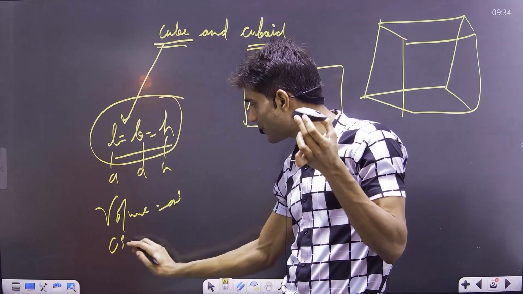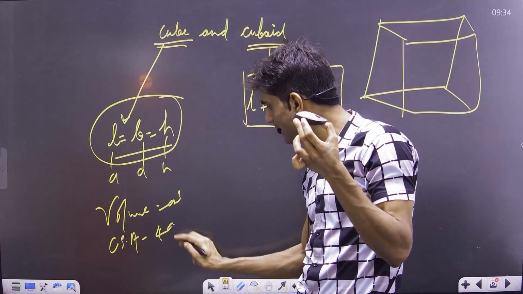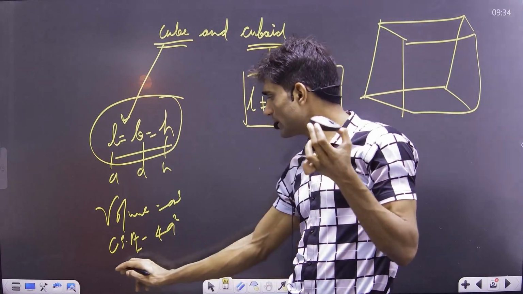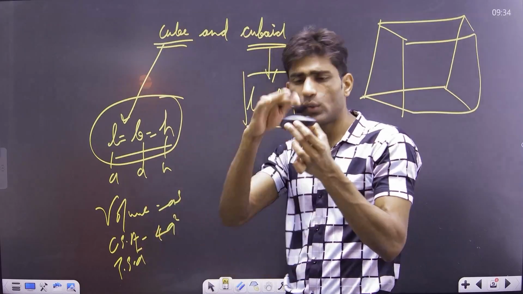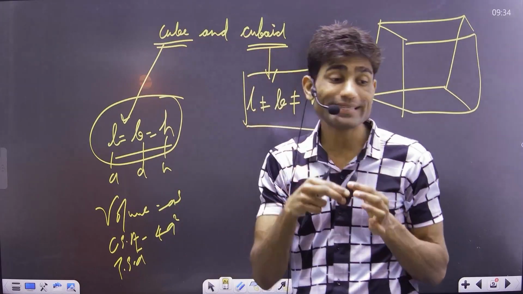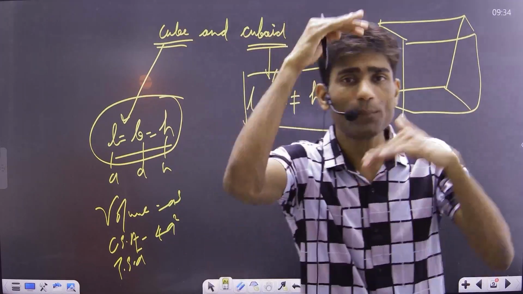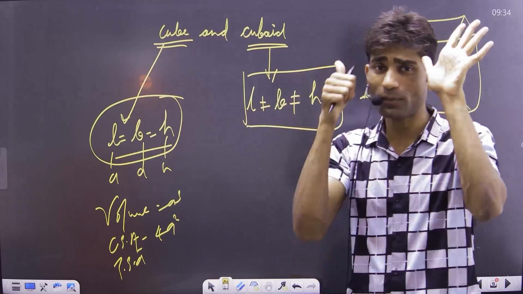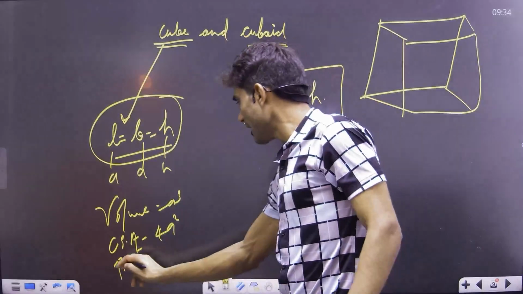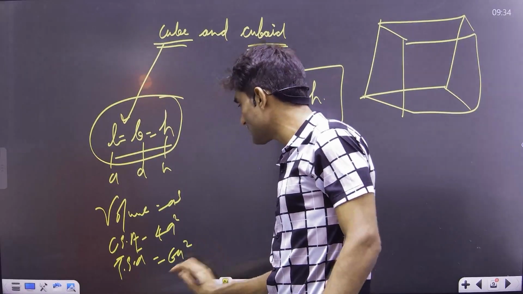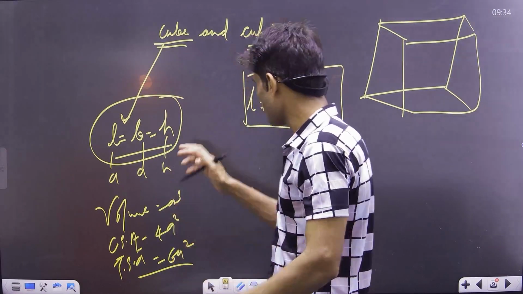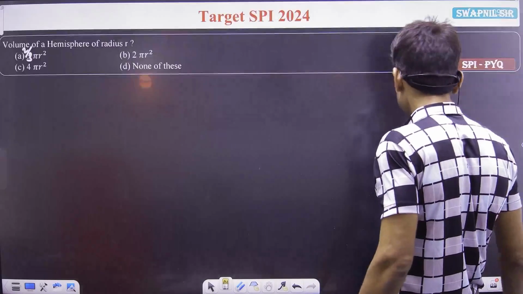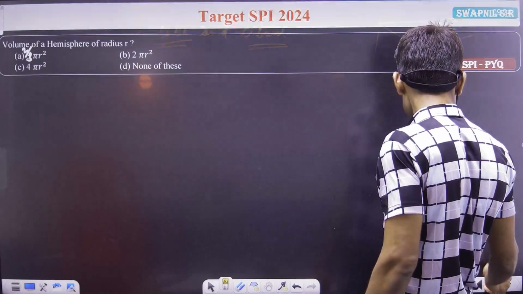The total surface area has a total of 6 sides: top, bottom, two sides, and front and back. So the total surface area is 6 times a square. That's it for all the shapes.